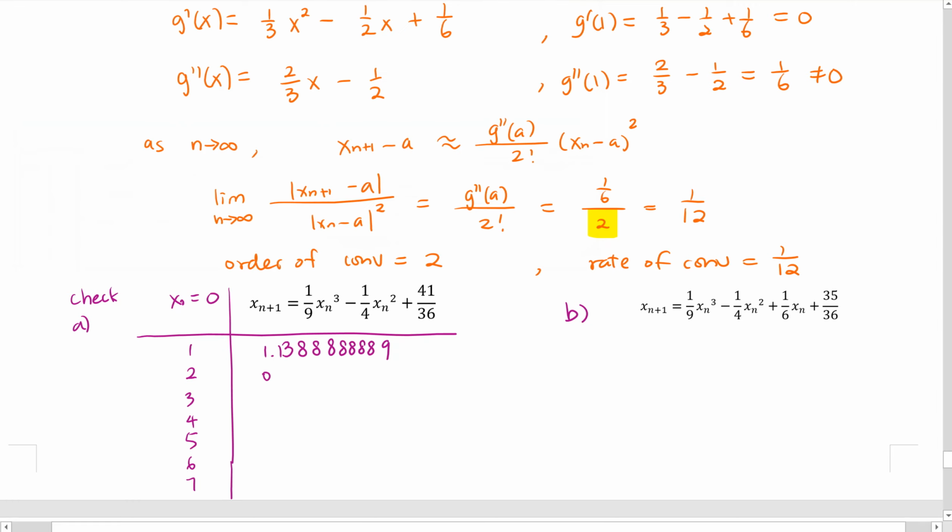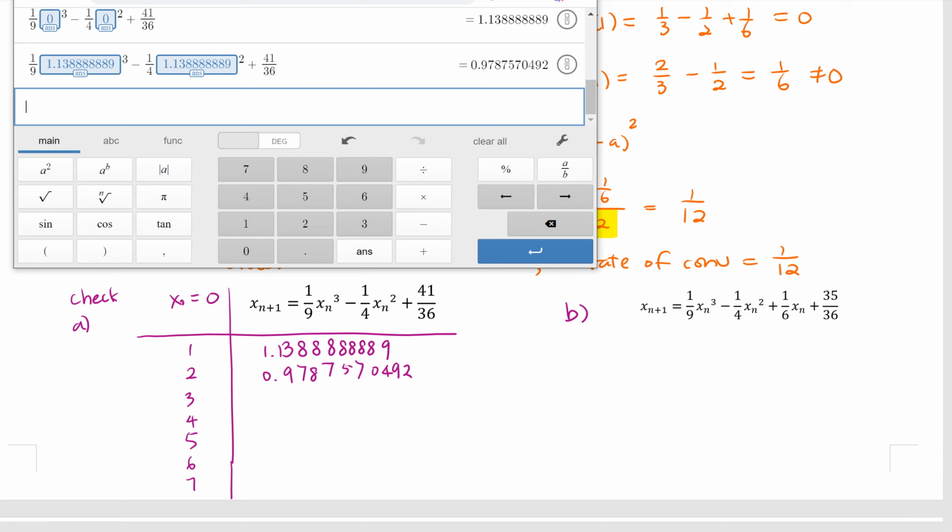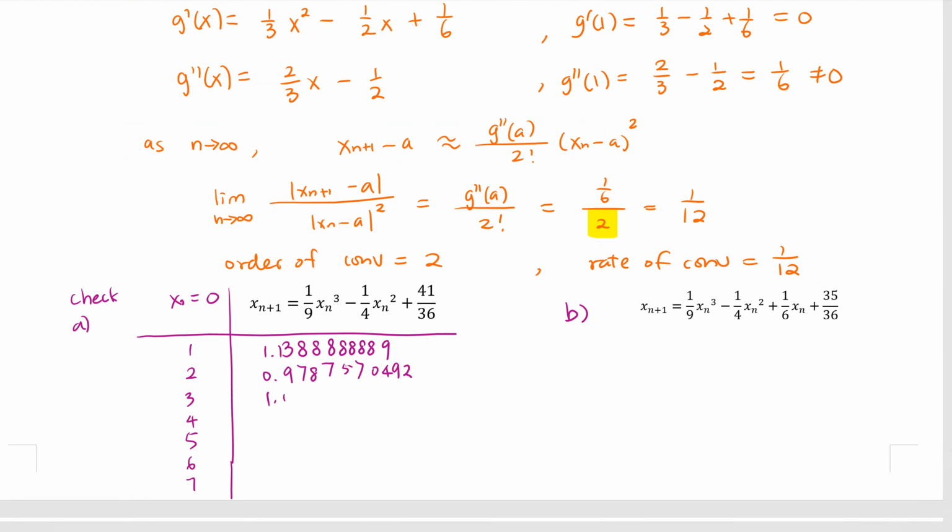0.978757049. Okay, let's continue. 1.003577032. It's converging.